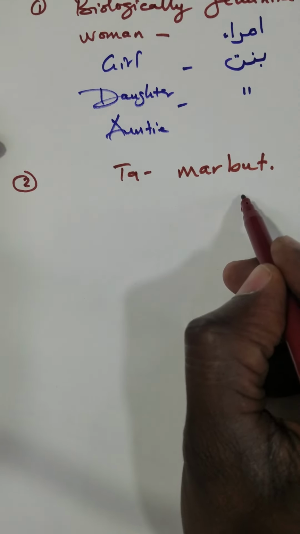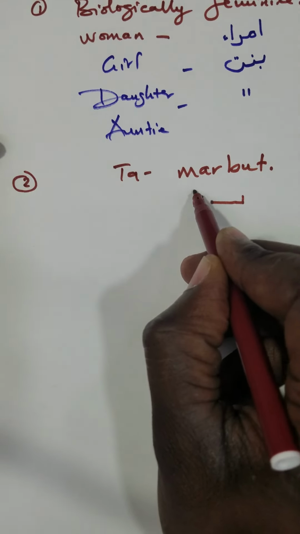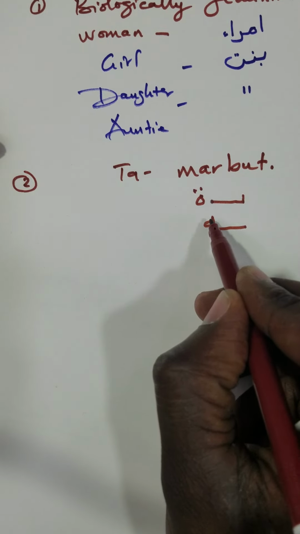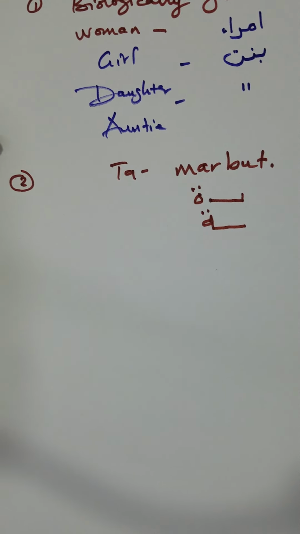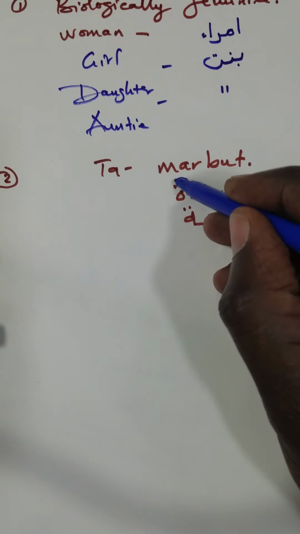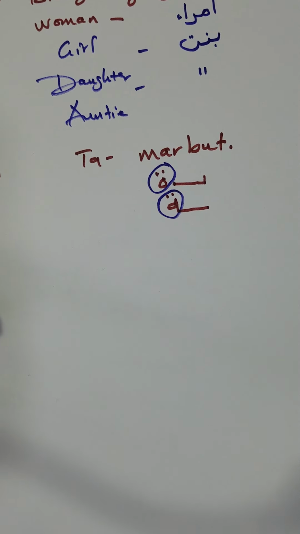Have you ever seen an Arabic word which comes and ends like this? Or it comes and ends like this? Okay, now this is a ta marbuta. It always appears at the end of the word.